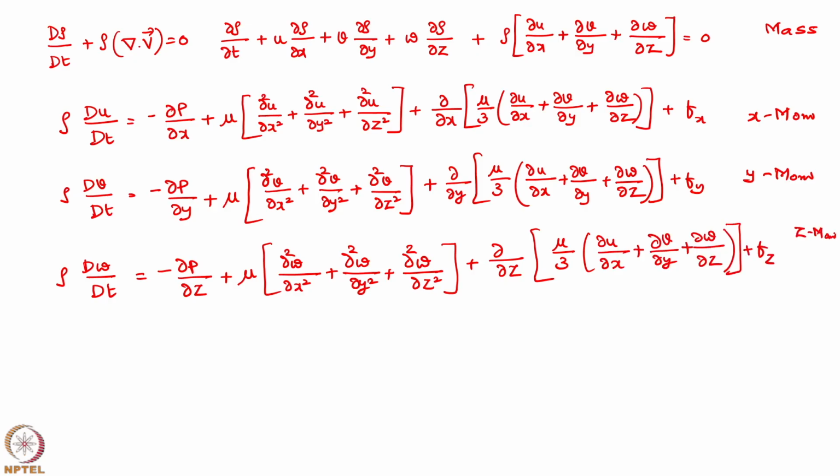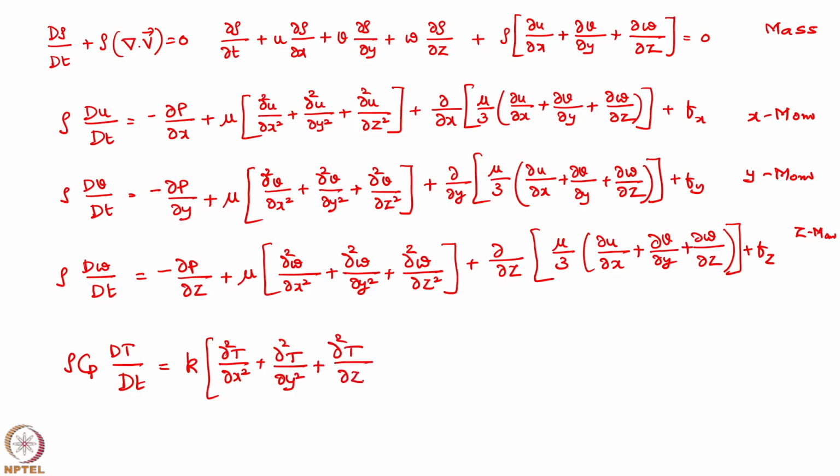Now let us write the energy equation: rho Cp dT by dt equal to K into del square T by del x squared plus del square T by del y squared plus del square T by del z squared plus dP by dt plus the viscous dissipation term phi.